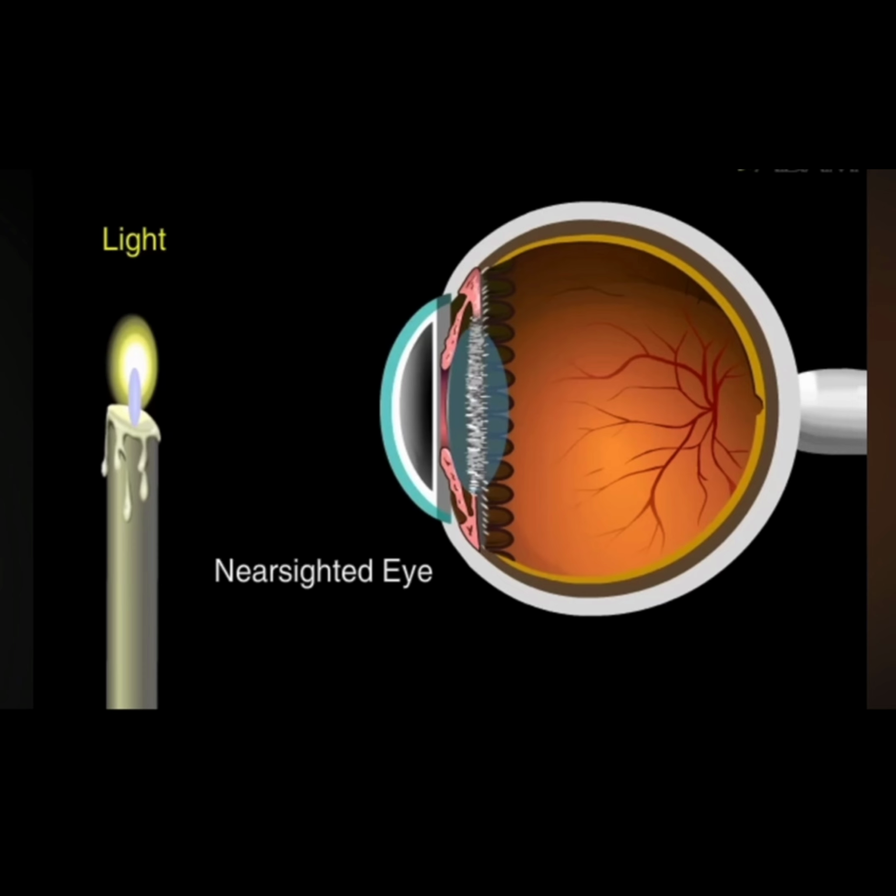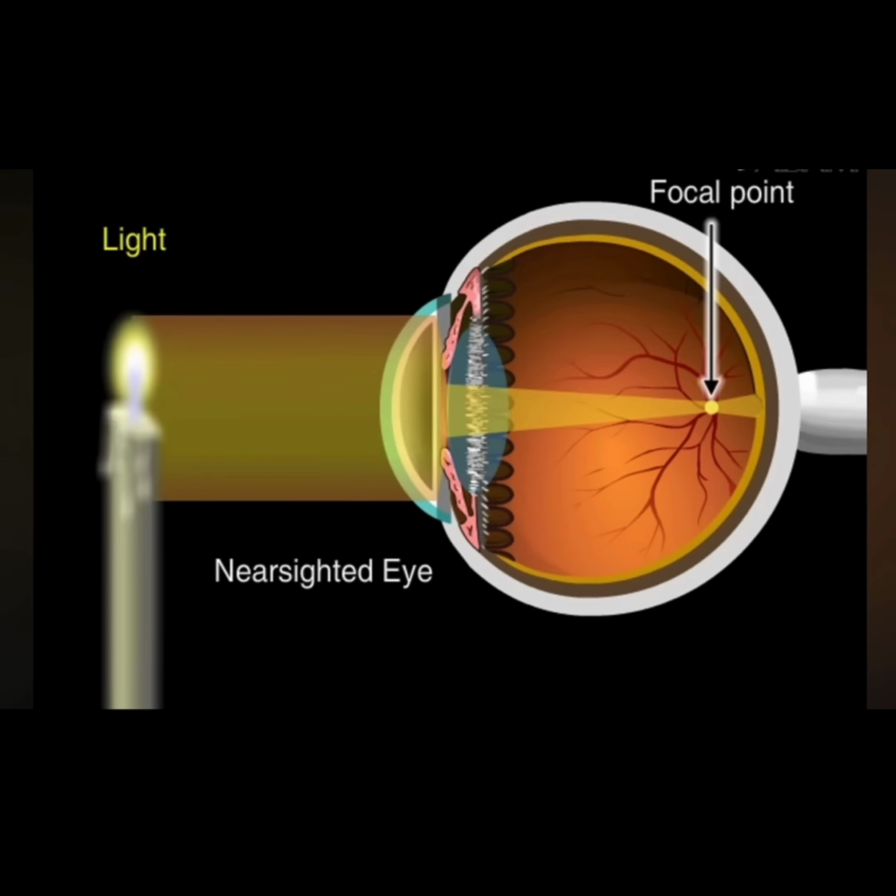Different people have different shapes of eyes. A nearsighted eye is longer than the front of a normal eye, causing light to focus in front of the focal point. Here we can see the light passing to a focal point, and it is difficult to see things far away.